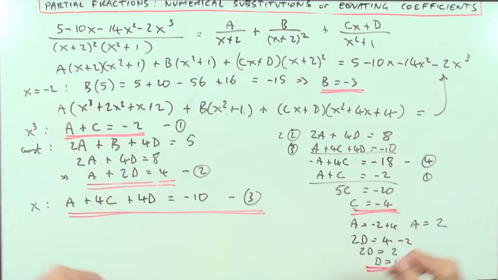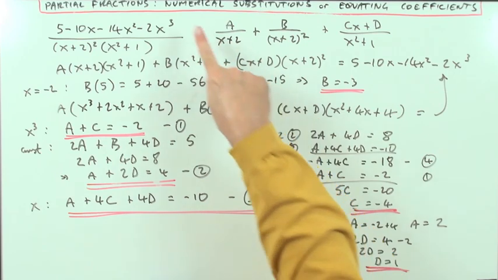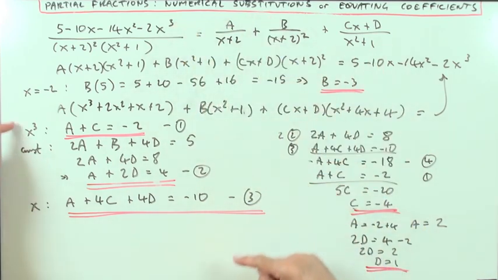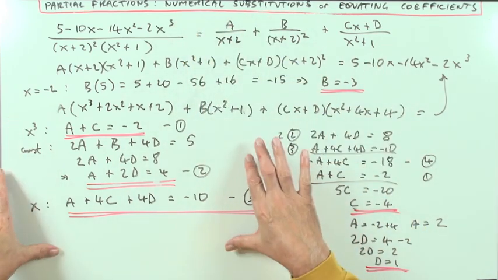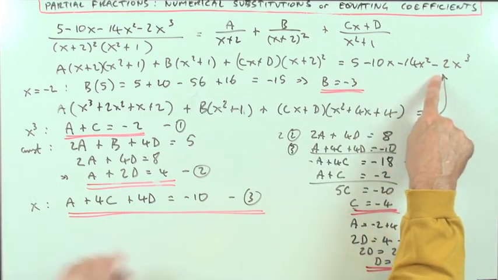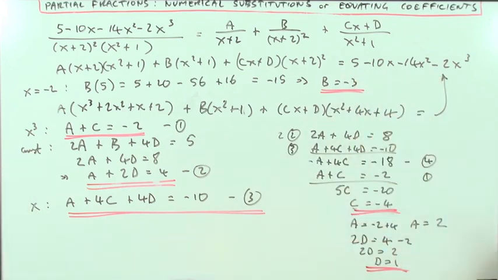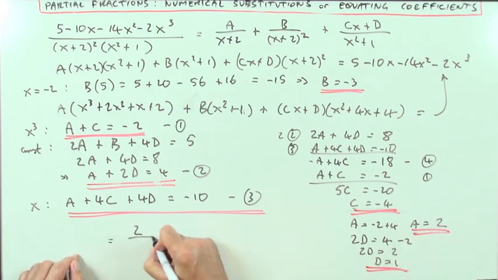All within one little bit of board, just by using a combination of numerical substitutions and equating coefficients. It's always easier, especially if there's lots of arithmetic to be done. So finishing off then, the whole thing would have been, well, what was that? A was, going cross-eyed here, didn't underline it, that's why, there it is. A is 2, so 2 over x plus 2.